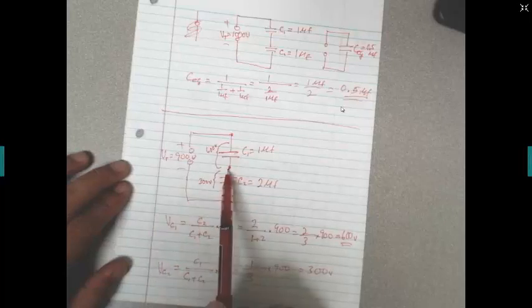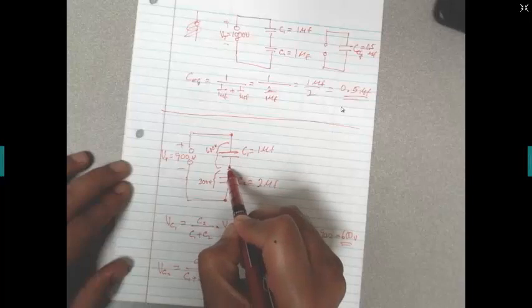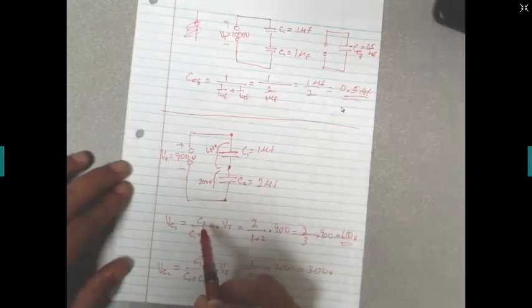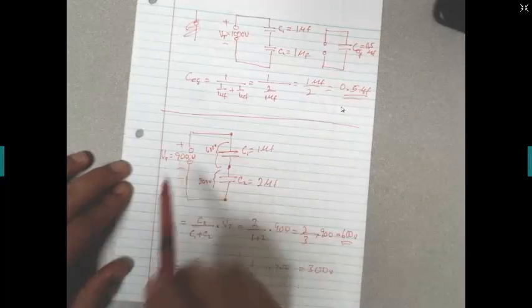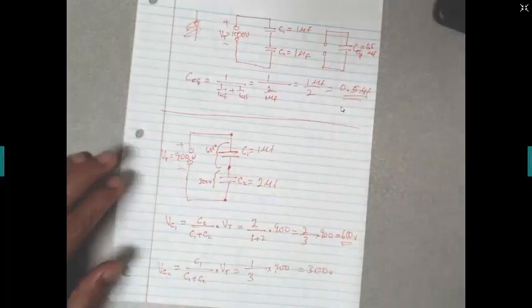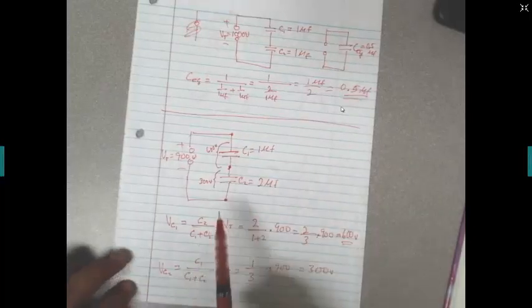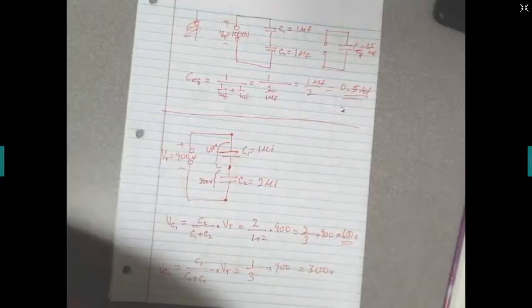So we use the voltage divider rule, which says that if we're going to find the voltage across this one right here, we take this one divided by the total and then multiply by the source, and that gives you the voltage on C1. And we do the same thing for the next one, to find the voltage across C2.